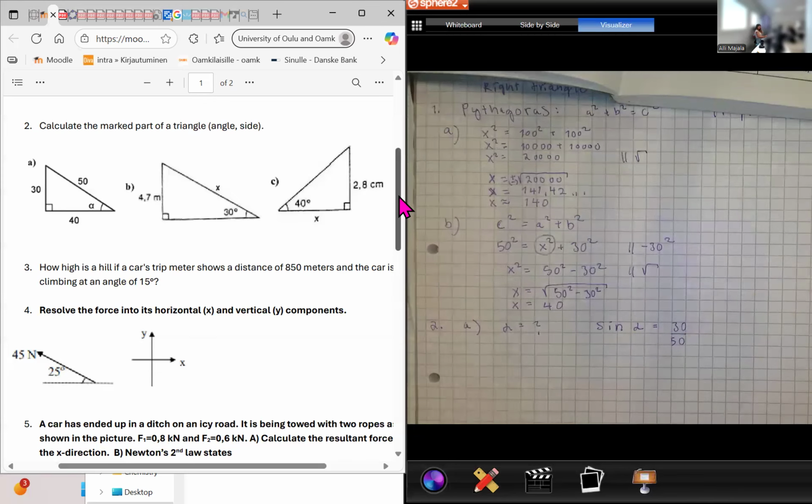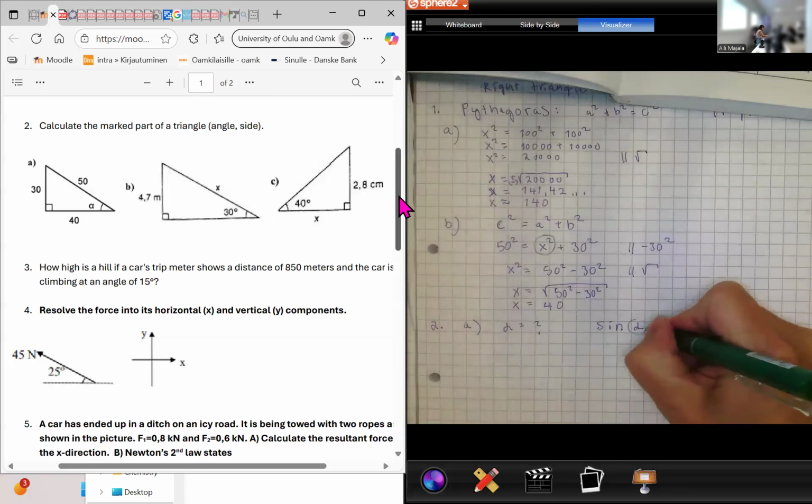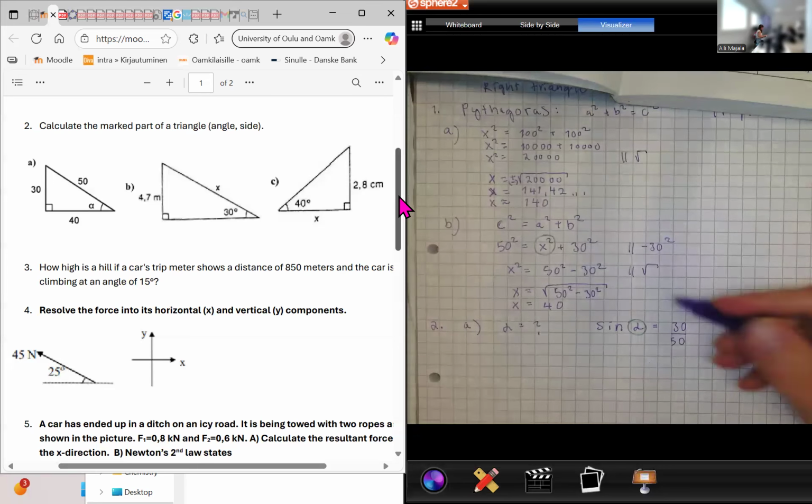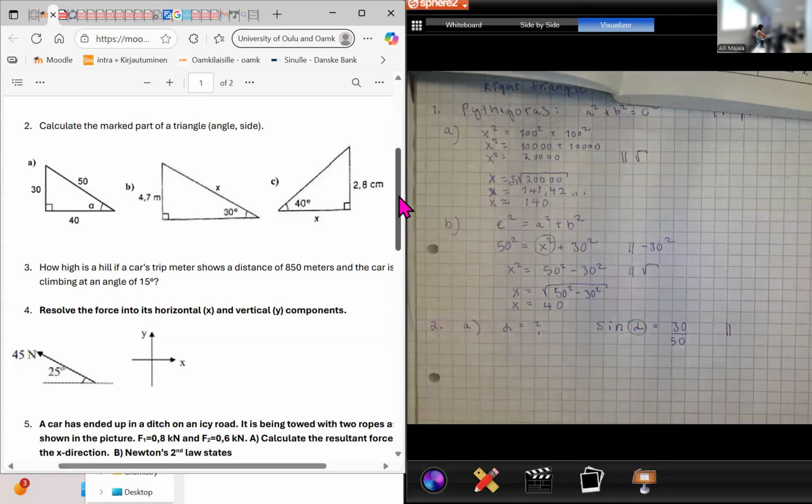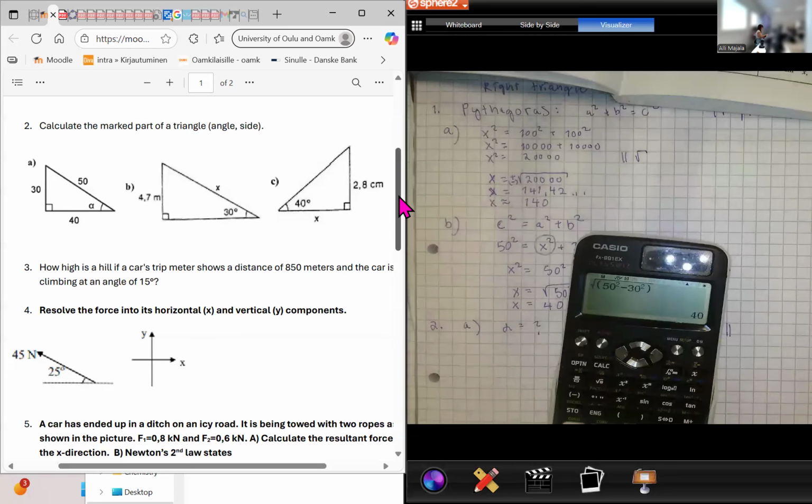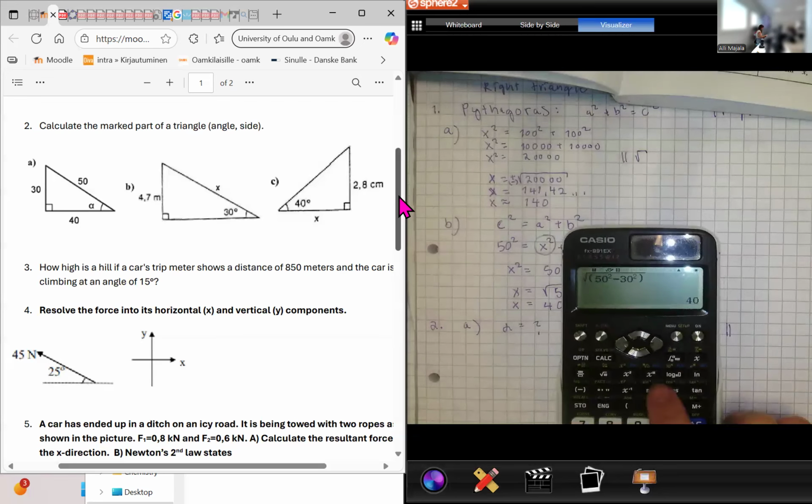Okay. So now I have the sin there, and then I want to have this alone. What do I do now? You know how to do this with your calculator, maybe. Yeah, you take this one there, maybe. I don't know if you can see.